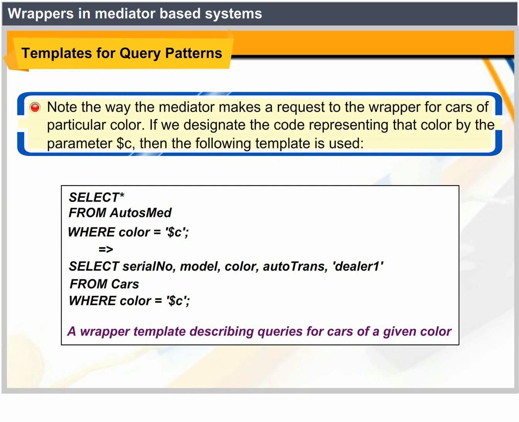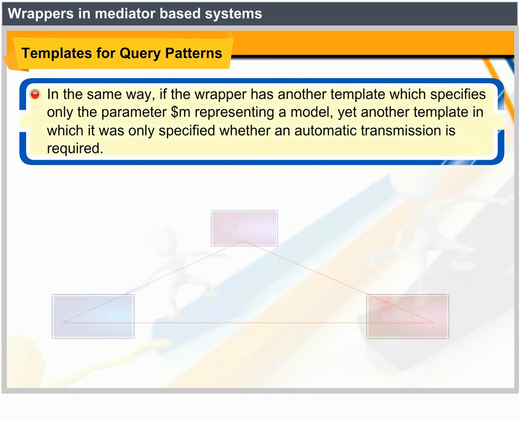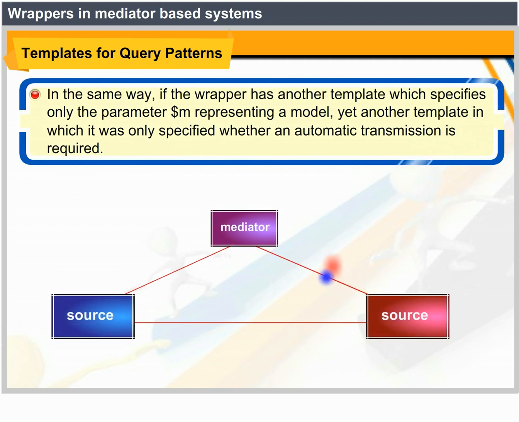Then we can use the below template, a wrapper template describing queries for cars of a given color. Similarly, the wrapper could have another template that specified only the parameter $M representing a model, yet another template in which it was only specified whether an automatic transmission was wanted, and so on.